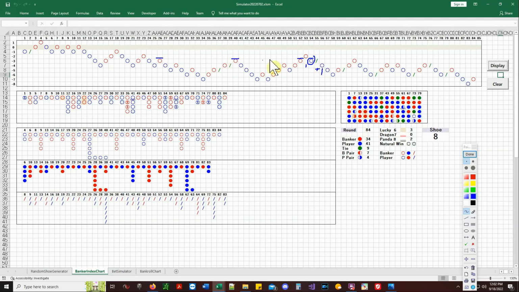This resistance no longer counts. We're in a player shoe. So you're only looking for player hooks. So the banker's going to run up by 1 and then hook back down. So that's 1 right there. Let's see here. Bang.